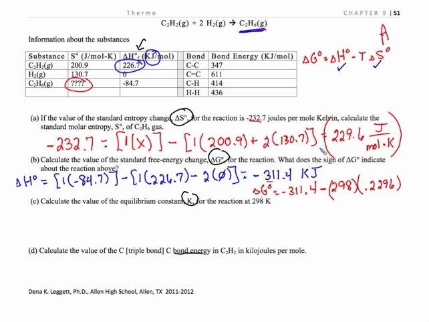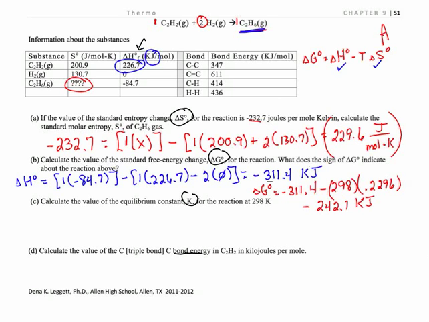Okay, and it was positive, and that is also favorable, so this better be a negative value because I've got favorable and favorable, which is always spontaneous, and my math gave me minus 242.1 kilojoules for this reaction, which is for 1 mole of the C2H2, for 2 moles of H2, and for 1 mole of the ethane there.